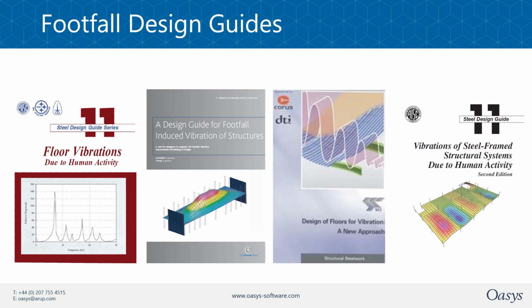The Steel Construction Institute, or SCI's guides, P354, design of floors for vibration. And recently, the AISC has updated their design guides based on the Concrete Centre and Steel Construction Institute's guides and other research over the last 20 years.